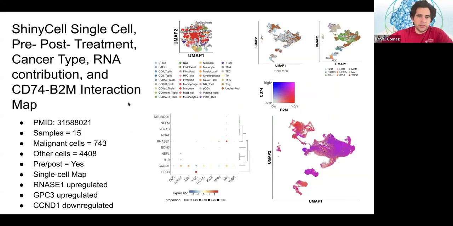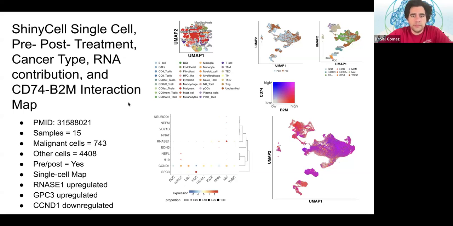So what I did is I went into the Shiny app that was built, and we have single cell pre-post treatment, cancer type, RNA contribution, and CD74 B2M interaction map. So here's the interaction map that I was able to show, where we can see malignant cells, fibroblasts, HPC-like cells, plasma cells, TAM cells, TEC cells, T cells, B cells, mast cells, CAF cells or cancer-associated fibroblasts, as well as next-to fibroblasts, plasmacytoid dendritic cells and myofibroblasts.